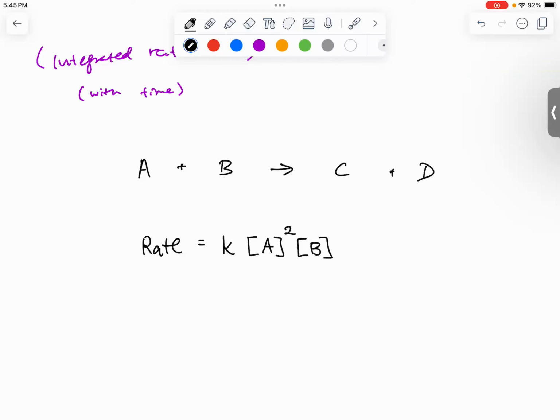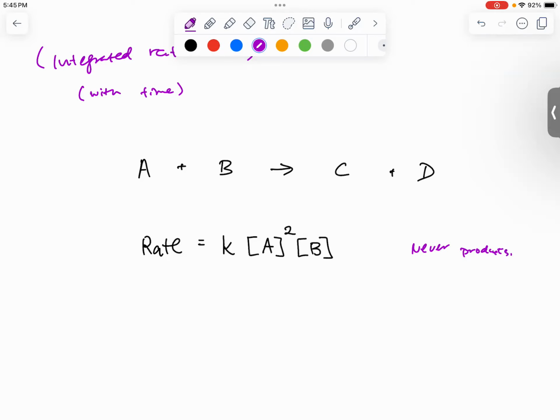Just an example, by the way. I'm going to explain this one by one. So this is the equation that represents the rate of the reaction. And when you look at the rate law right here, you can see that we only see the reactants, never products. It only depends on the composition of the reactants. Never products.